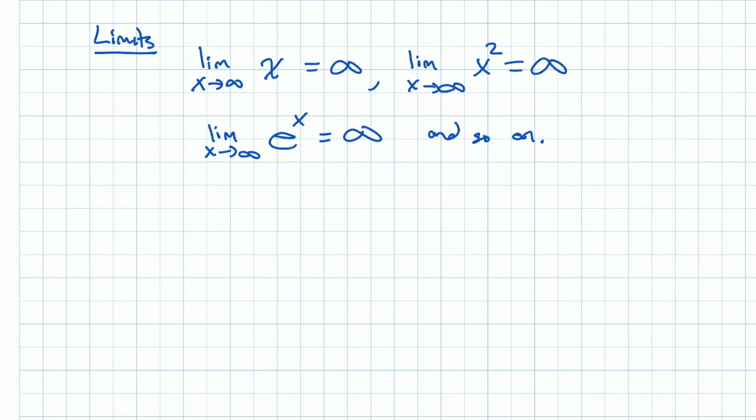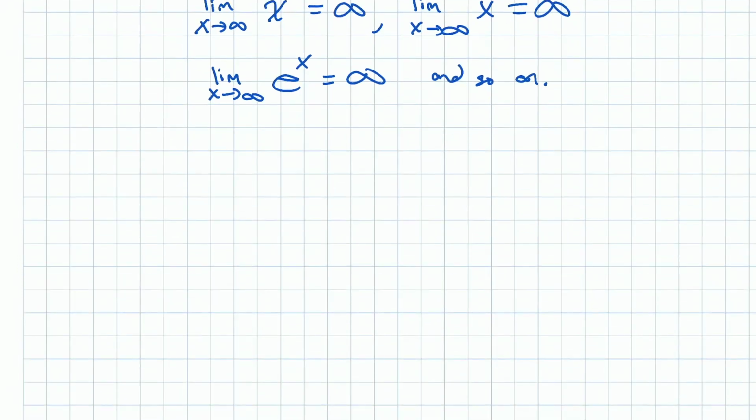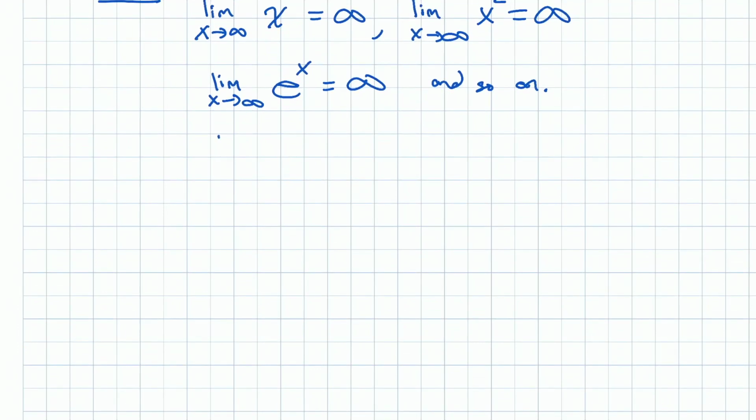But there's some other limits as x goes to infinity that we just want to be on the same page for. So like if I do the limit as x goes to infinity of 1 over x squared, for example, what would that be? Well, you would have 1 over infinity, right? Now technically this is wrong to write because infinity is not a number. You can't put infinity in the denominator of something.